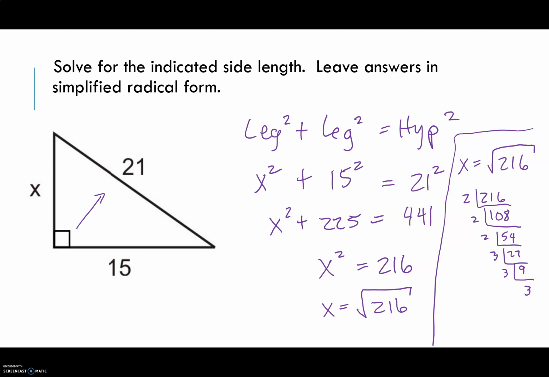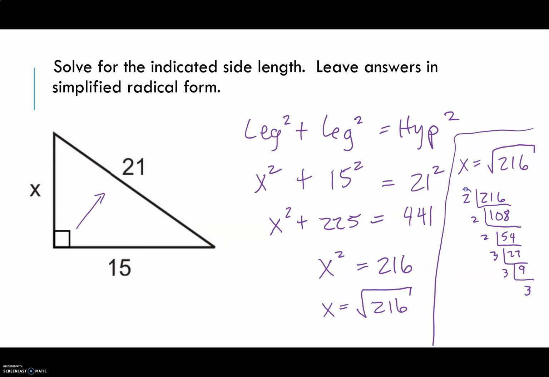Now, this is the key aspect of simplifying a square root. You probably learned this in Algebra 1, but you can take out perfect squares from a square root. In other words, you can find groups of 2 multiplied parts inside the square root, and you can take things out in groups of 2.